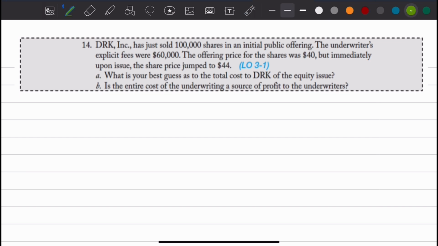So we could start here by writing down our answer. The total costs of the IPO equals explicit costs plus the implicit costs.